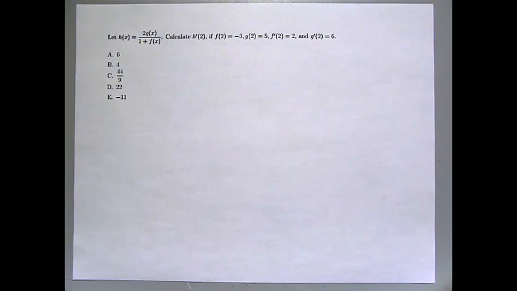If h of x is 2 times g of x over 1 plus f of x, calculate h prime of 2 if f of 2 is equal to minus 3, g of 2 is equal to 5, f prime of 2 is equal to 2, and g prime of 2 is equal to 6.